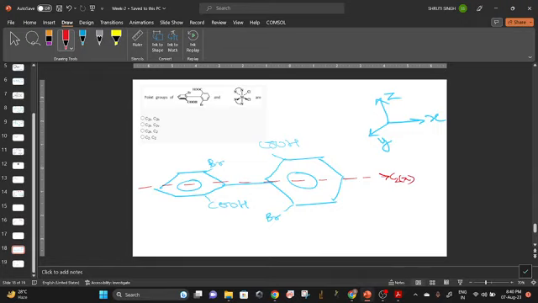What will happen? No, sorry, 180-degree rotation, right? So if I put C2, this will go there, this will come this side, and the same opposite will happen here.